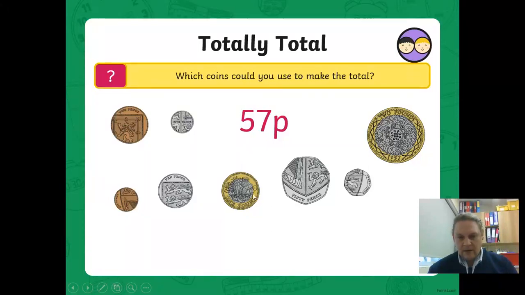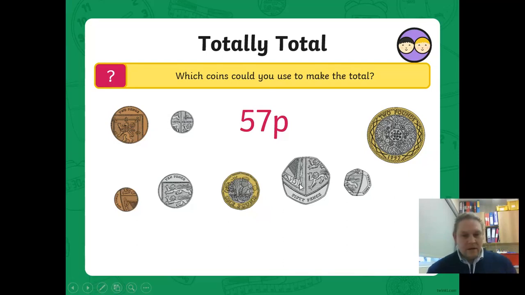There's 100p in £1. Now £2 is going to be too much, obviously. Now, what's our biggest coin that we can get without going over? It's going to be our 50p.